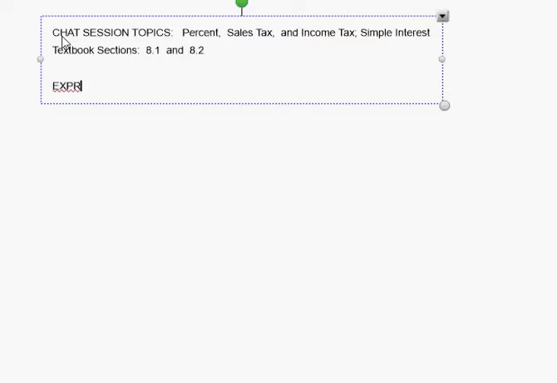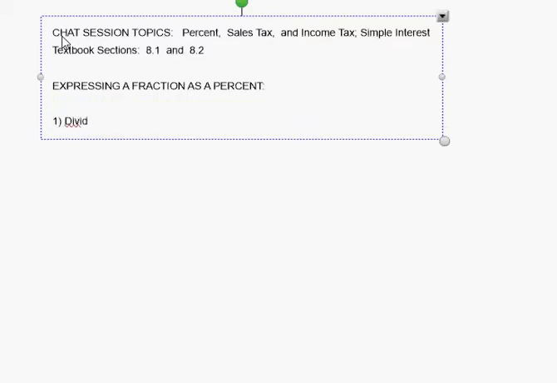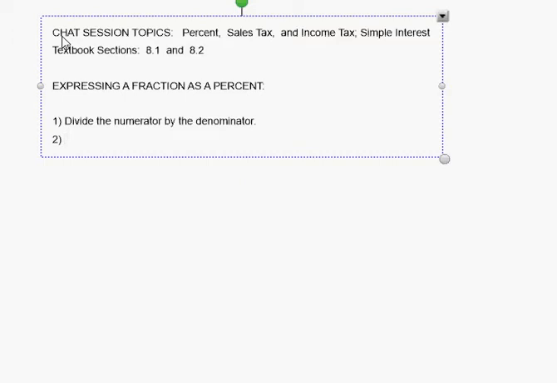Now, first of all, expressing a fraction as a percent. We divide the numerator by the denominator. We multiply the quotient by 100.